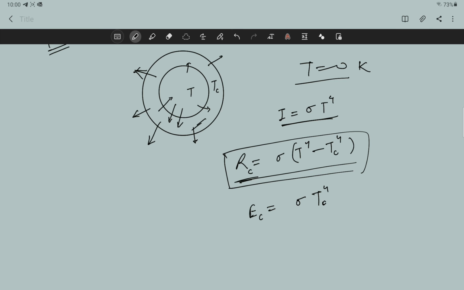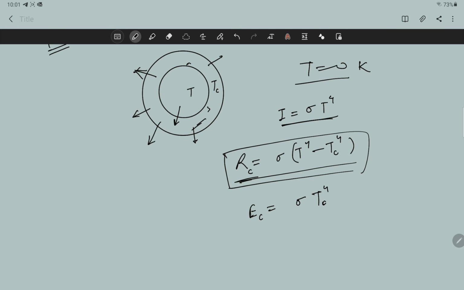Equilibrium means that the amount of energy entering the cloud is the same as the amount leaving the cloud.